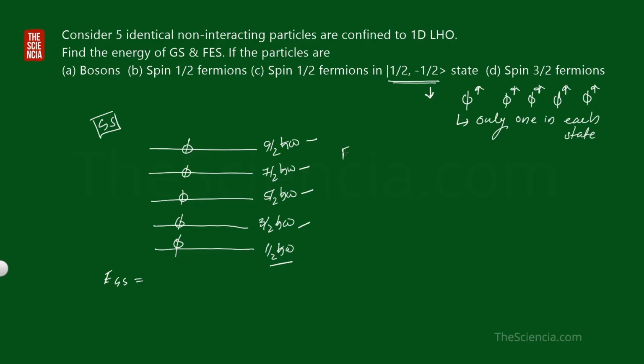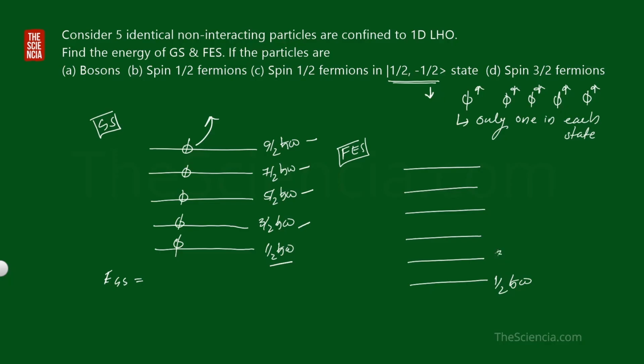Now the first excited state, that is, this particle will jump to the next higher energy level. That is, these are half h cross omega, 3 by 2 h cross omega, 5 by 2 h cross omega, 7 by 2 h cross omega, 9 by 2 h cross omega, and 11 by 2 h cross omega.